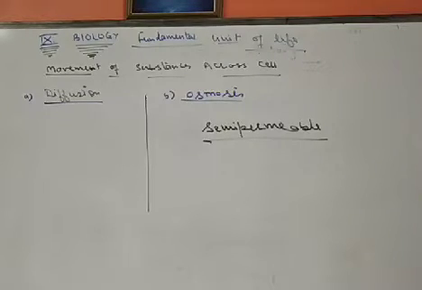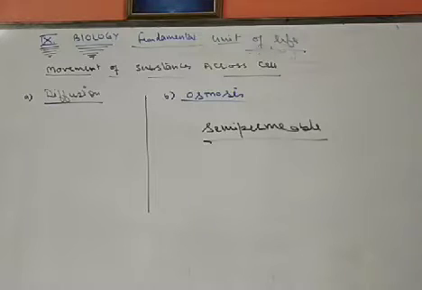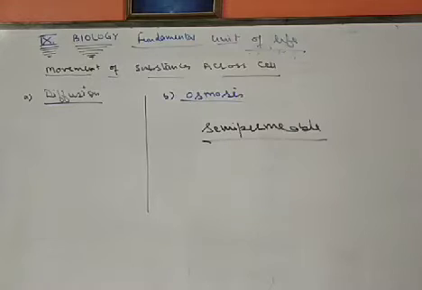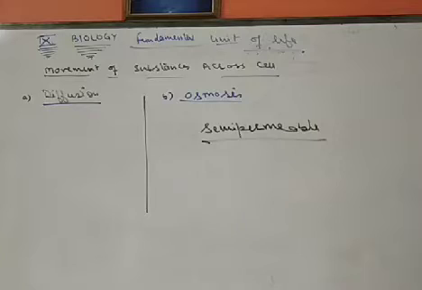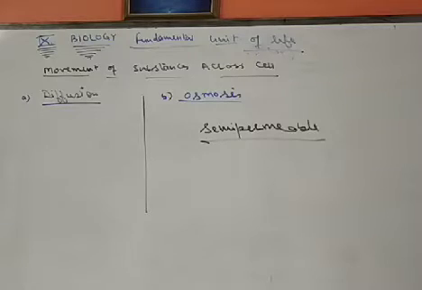Then in case of diffusion, it equalizes the concentration of substances through the available space, while in case of osmosis, it does not equalize the concentration of solvent on two sides of the membrane. And moreover, diffusion may take place in solid, liquid or gases, while osmosis generally occurs in case of solvent. Here solvent molecules move from a region of higher solvent concentration to a region of lower solvent concentration.